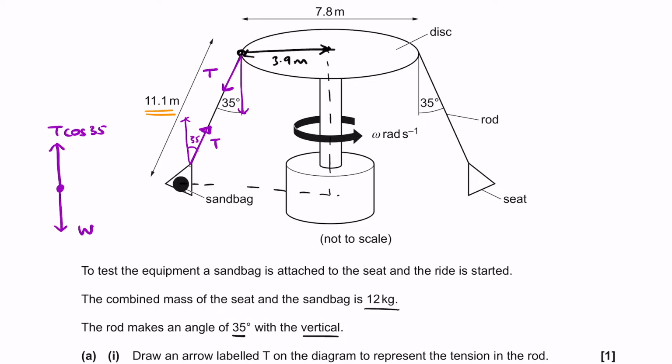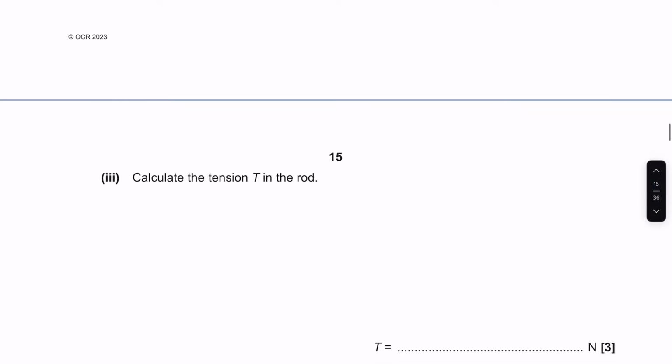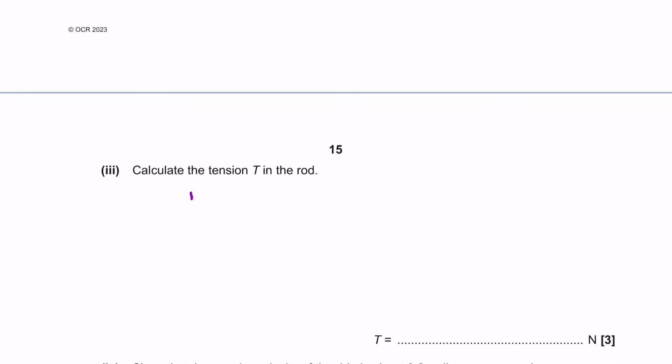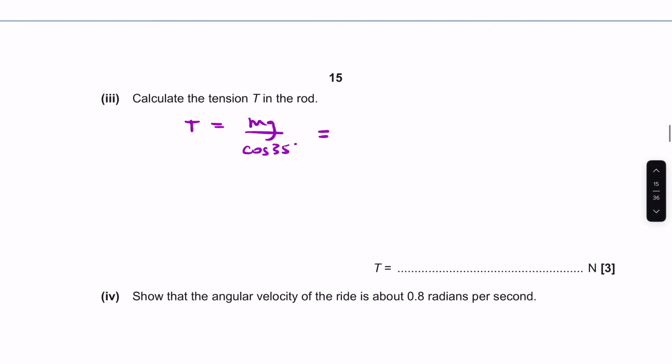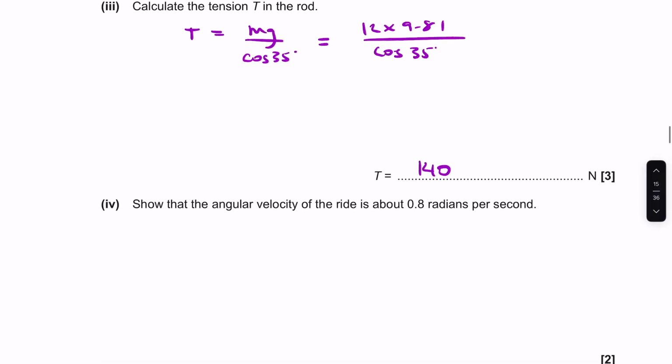So it'll be T cos 35 equals W, and therefore T is equal to mg over cos of 35 degrees. M is 12, so 12 times 9.81 over cos 35 ends up giving me 140 newtons to two significant figures.